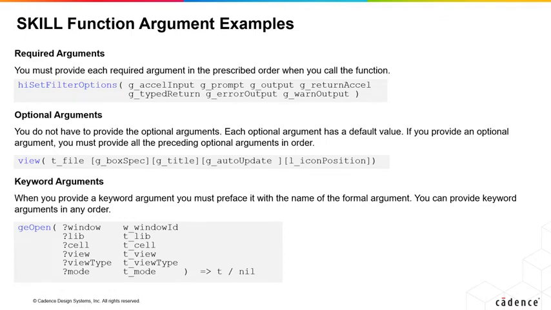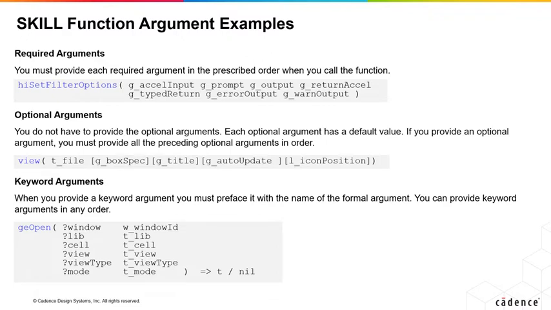And again, that would be the location when I iconify it, where it would go. So you have a variety of options here. Again, if I wanted to specify, for example, auto update, I would need to also specify the box spec and the title prior to auto update in order to set that argument to a particular value.